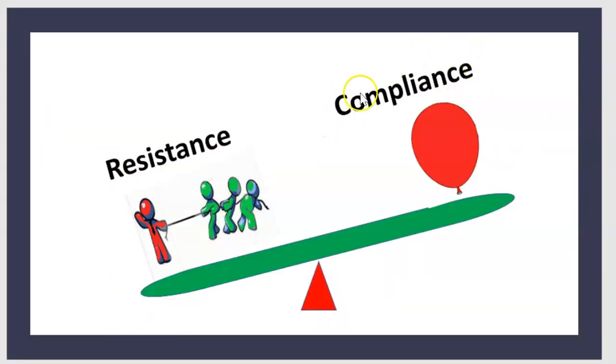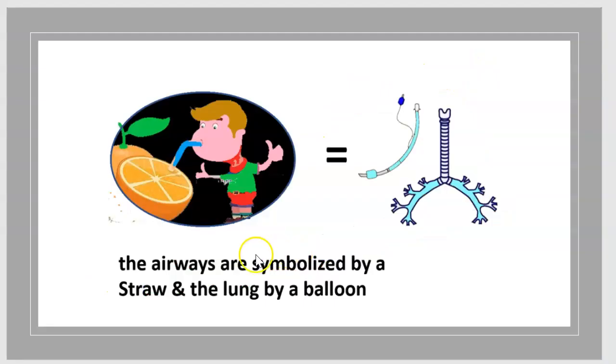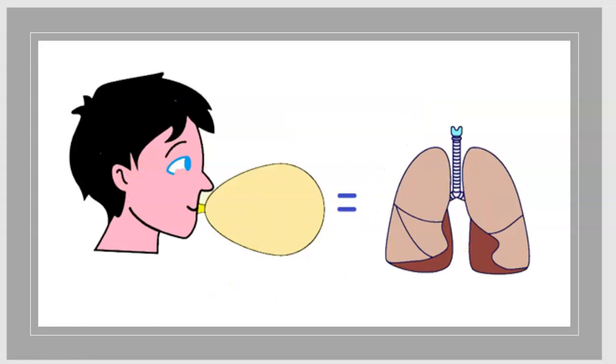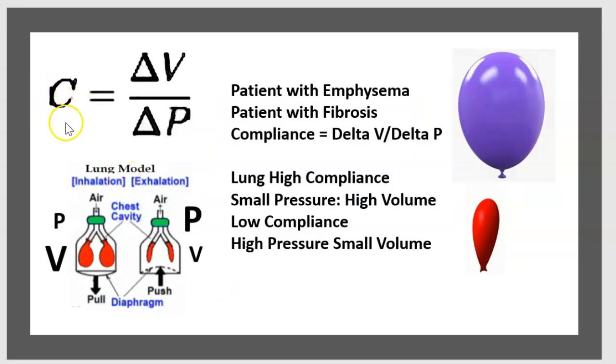Resistance versus compliance. The airways are symbolized by a straw and the lung by a balloon. What is compliance? Variation of volume over variation of pressure. High compliance means small pressure but high volume.